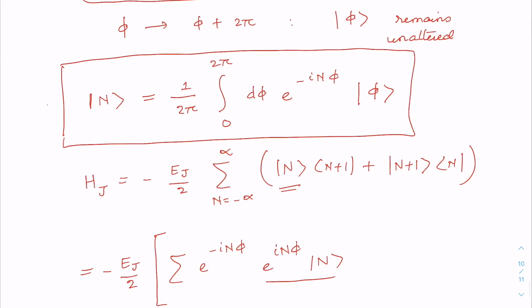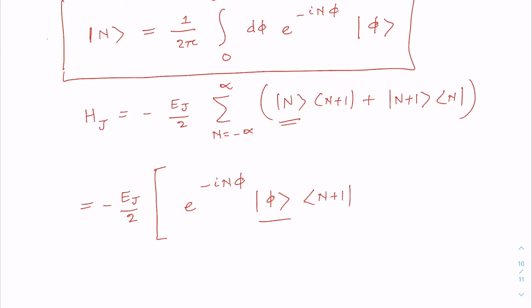I hope you can see it. So utilizing that expression, I can simply write this as e to the power minus i n phi and ket phi. I have utilized e to the power plus i n phi here. Then I am left with the bra n plus 1 part. Similarly here I can write it as e to the power minus i n plus 1 phi, ket phi, and then I have this bra n here.